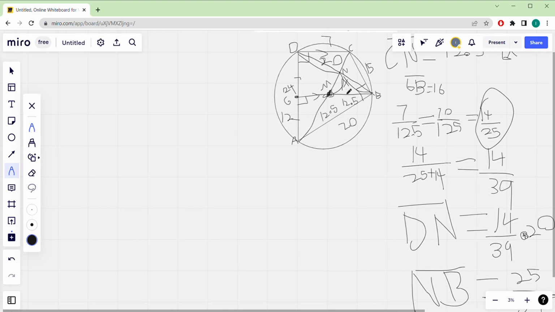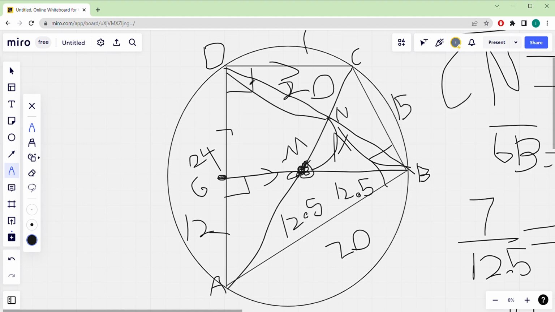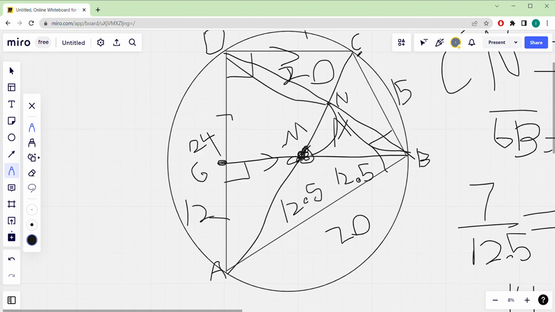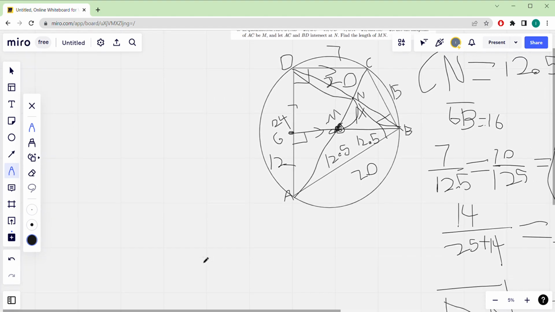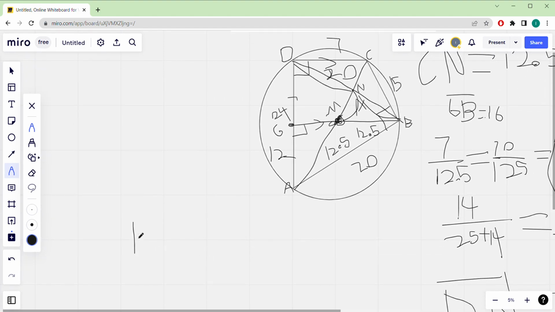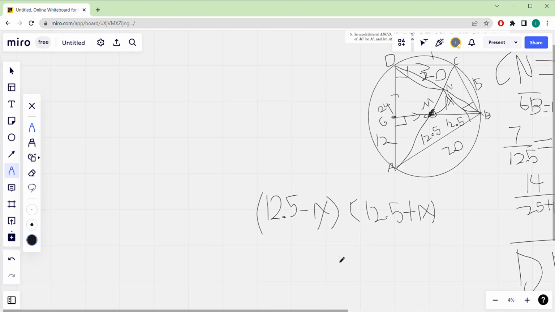So we know that CN, because we're looking at these two chords, DB and CA. So if we look at those two chords, we can see that CN, which is 12.5 minus X, multiplied by NA, which is 12.5 plus X, I'll just write it over here.